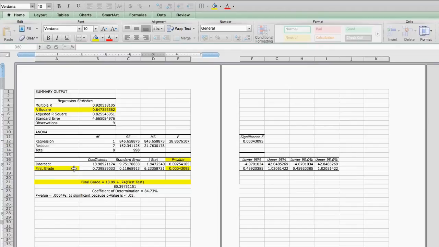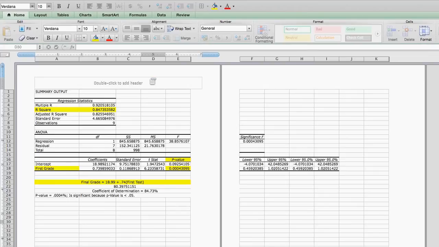The p-value is critical because it will tell us if the relationship between our dependent variable and our predictor variable happens to be significant. Significant from the sense that we can utilize the predictor variable to forecast whatever that dependent variable happens to be.